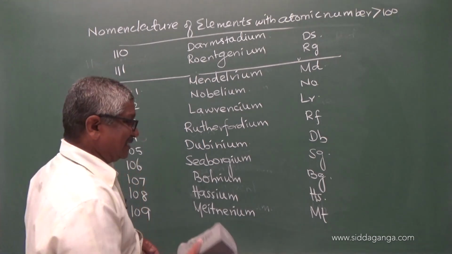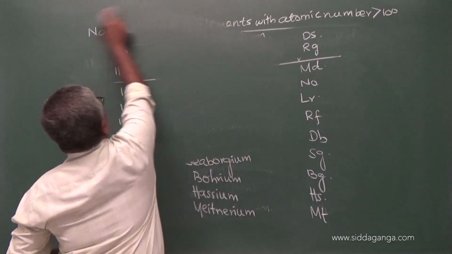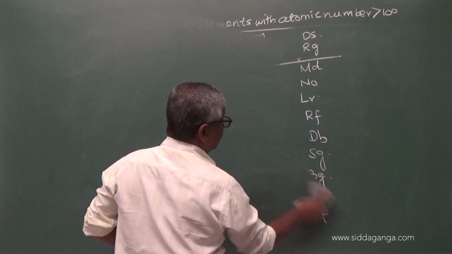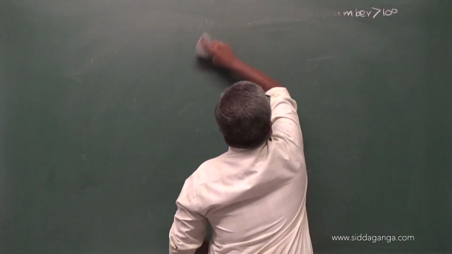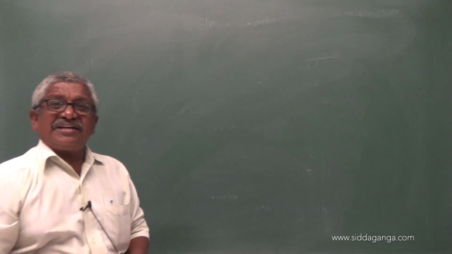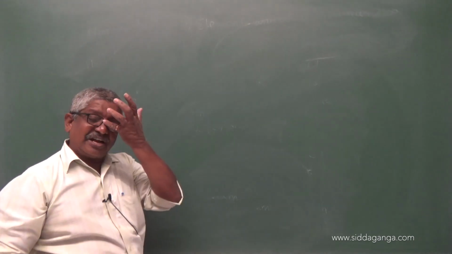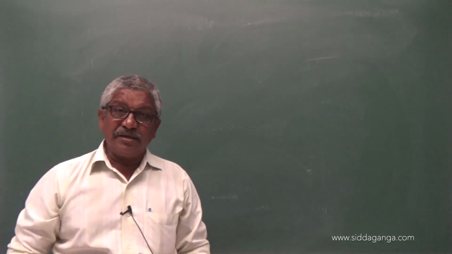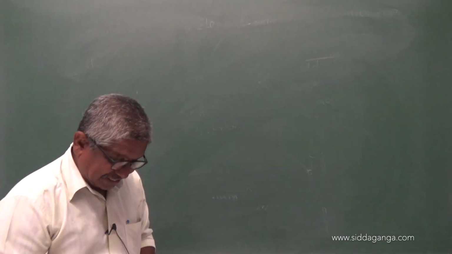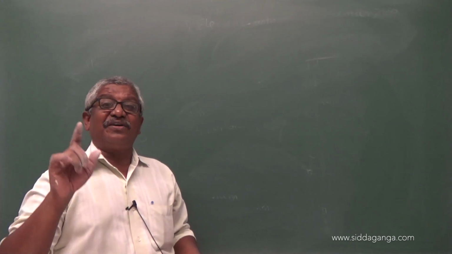Now the next is periodicity. Periodicity means repetition of elements with similar physical and chemical properties arranged in the increasing order of atomic number.